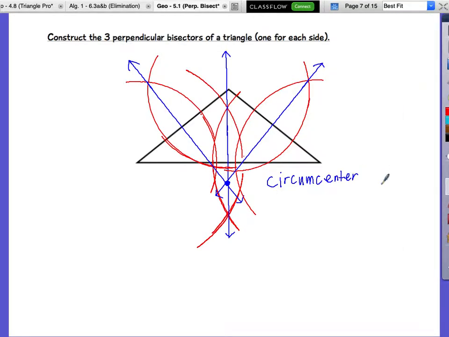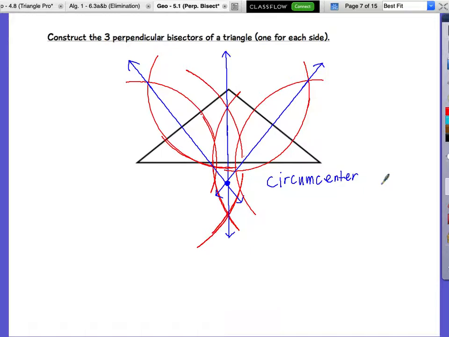It's called the circumcenter. Now the circumcenter is equidistant from all of the vertices. So if we were to measure from this circumcenter to this vertex, this vertex, and this vertex, all three vertices, it would be equidistant.